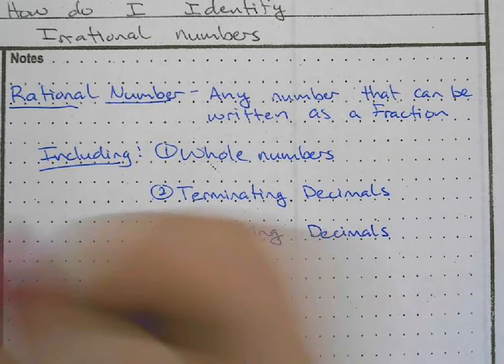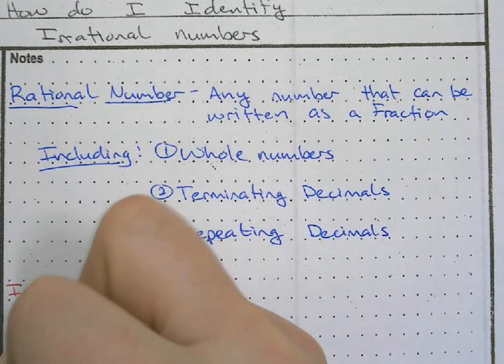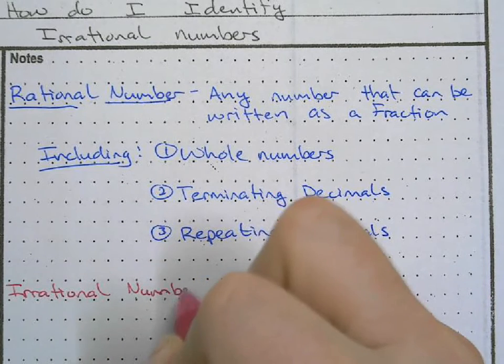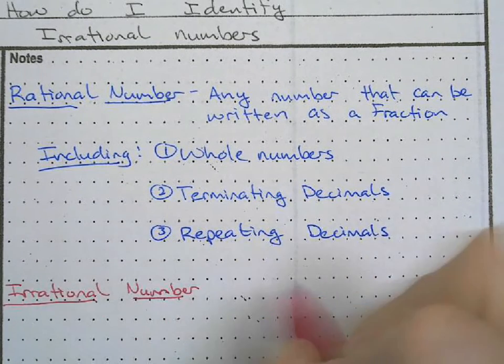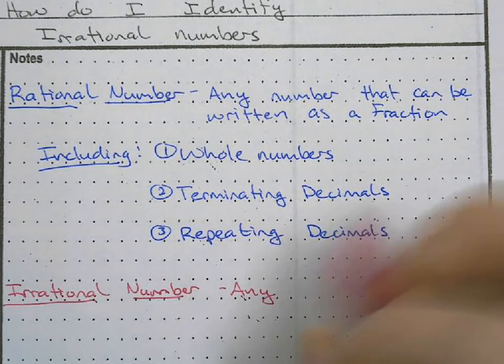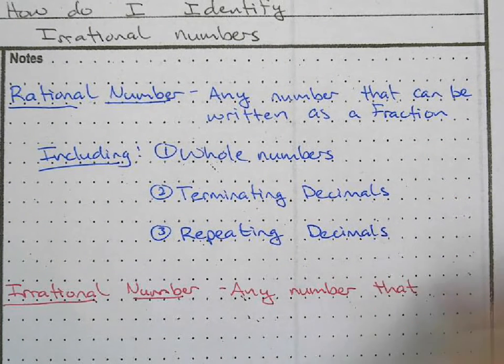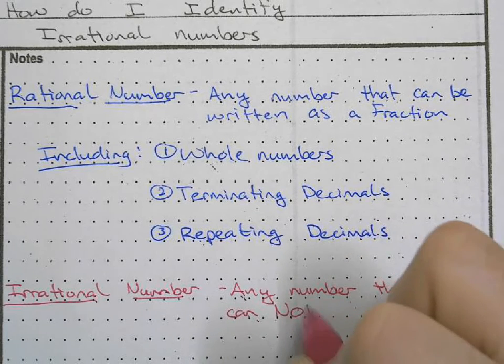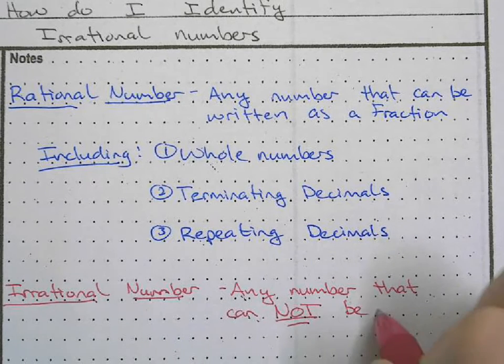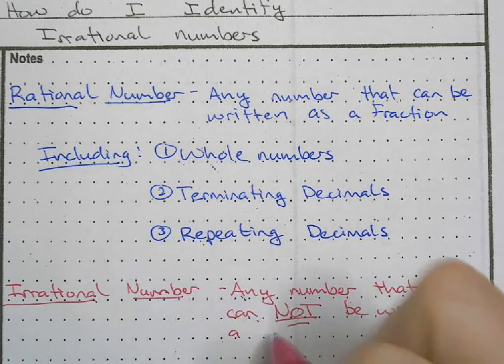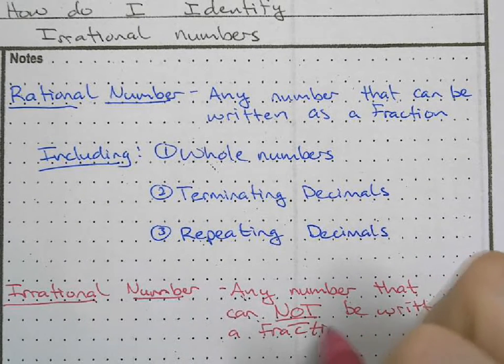And then our irrational numbers is any number that cannot be written as a fraction.